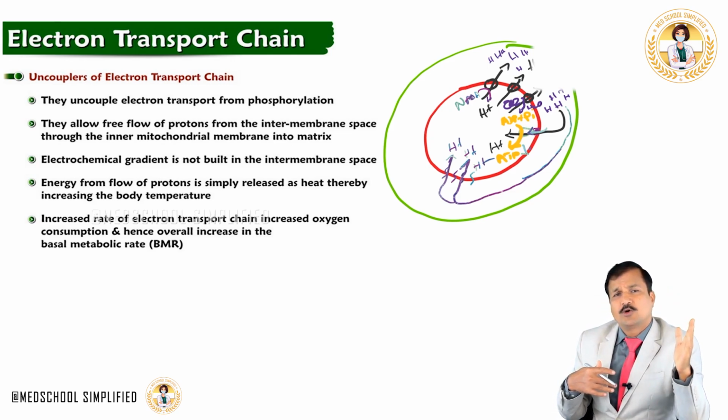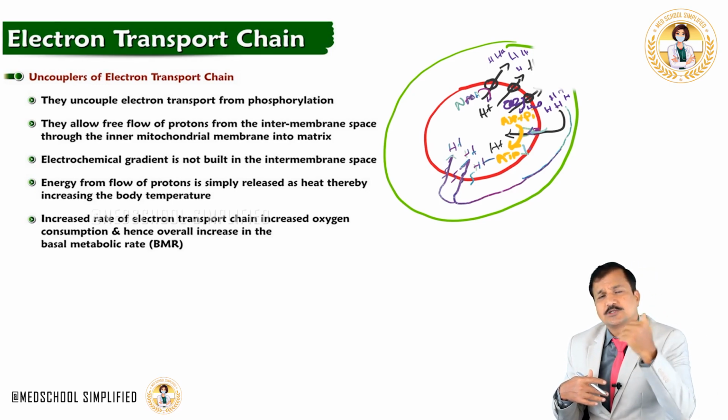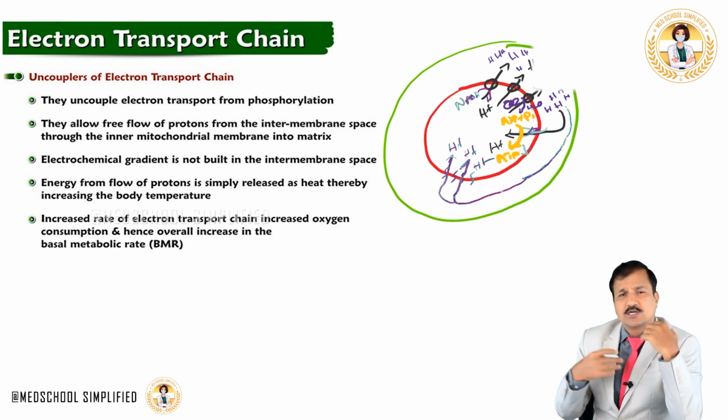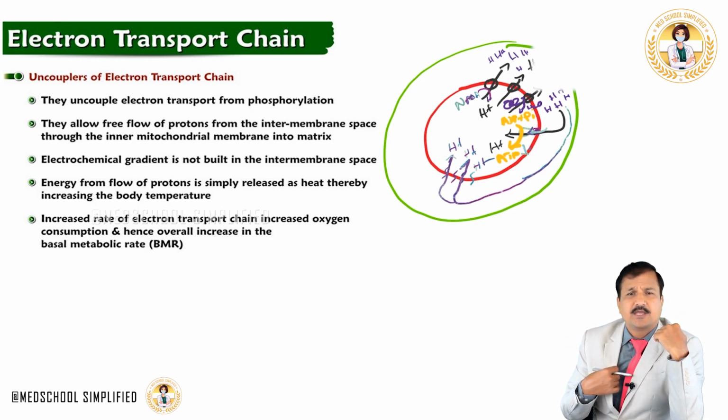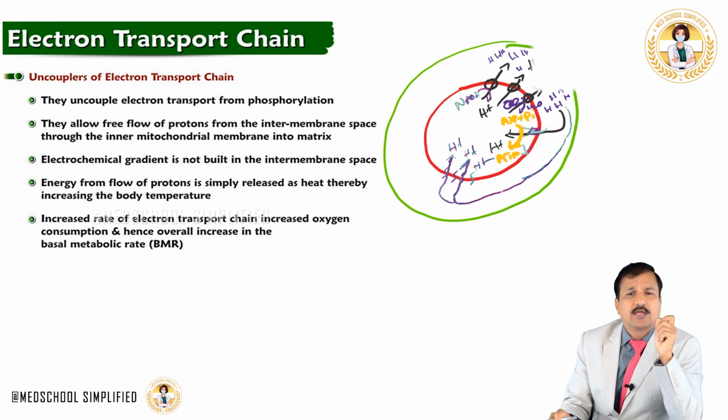In fact, more and more NADH is oxidized to NAD plus, FADH2 is oxidized into FAD, the electron transport chain is running, oxygen is being consumed, the respiratory rate is increased to provide oxygen, but the proton gradient is not built because there is a leakage going on in the inner mitochondrial membrane, and this is why phosphorylation by the ATP synthase to make ATP is not going on, and that's why there is a decrease in ATP here.